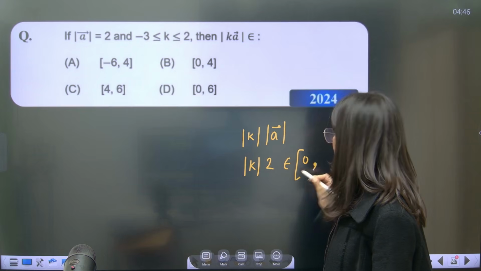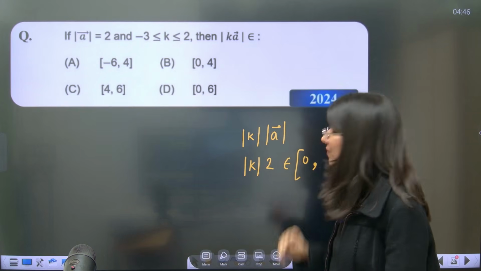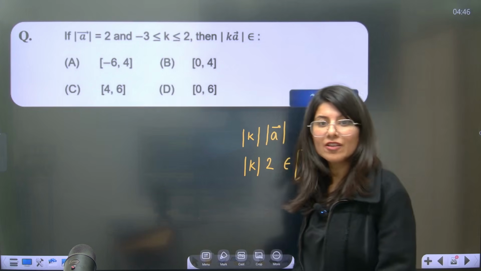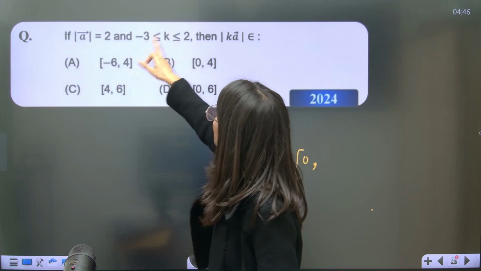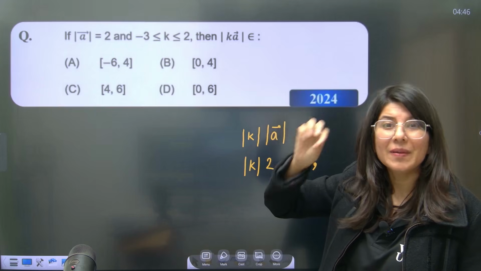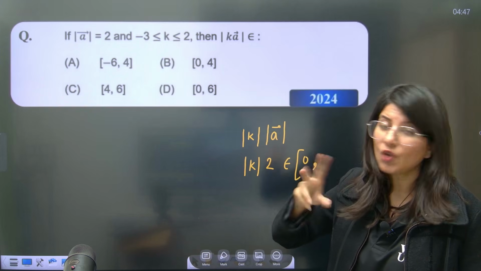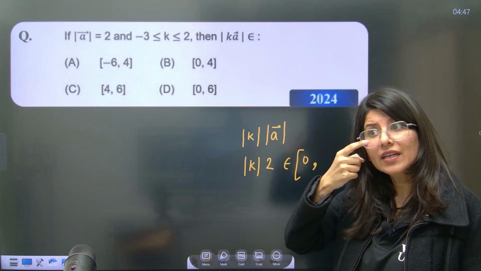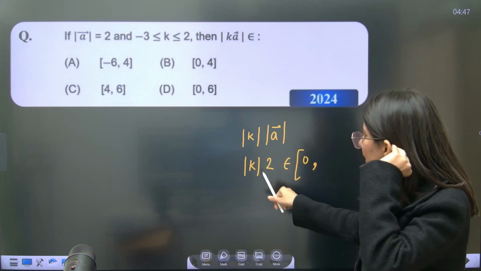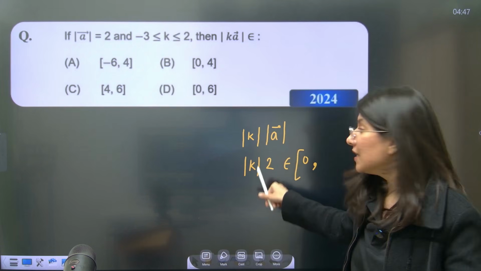What about maximum value? Now maximum value of mod K, because K lies between minus 3 to 2. Maximum value of mod K will be 3. Not 2, 3. Understand. Why? Because if you put K equals minus 3, it will become plus 3 maximum. 3 2s are 6.